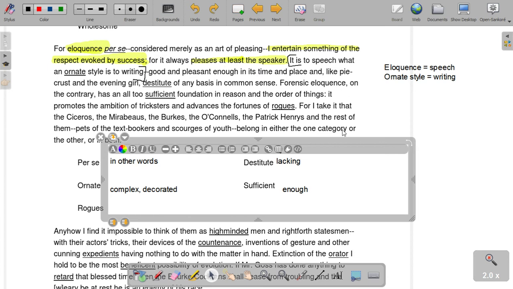And what is that purpose? Or what is that reason why people use it? Promotes ambition of tricksters. Yeah. So it basically allows people to fool other people, or it allows speakers to be able to fool and kind of trick people. So what do you think rogues means? What would be a rogue, and how do we know?